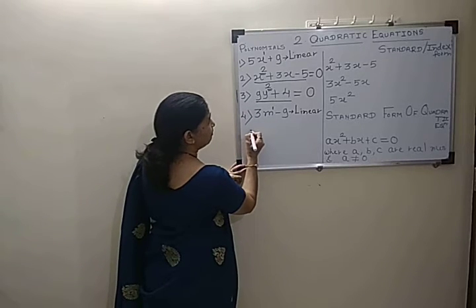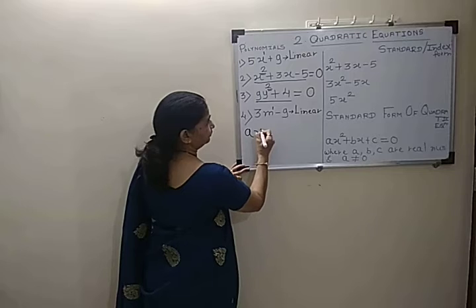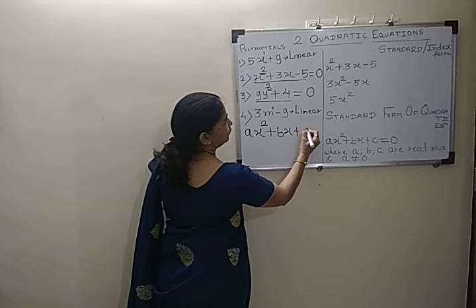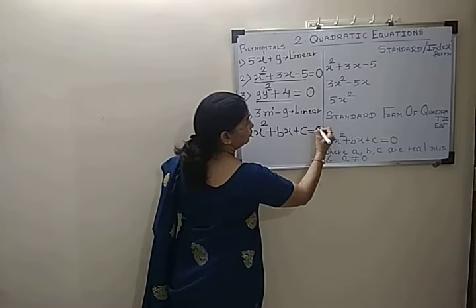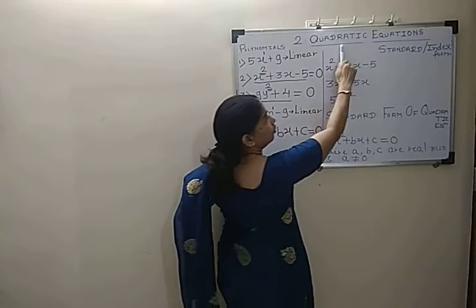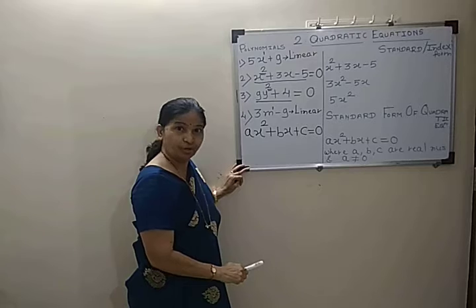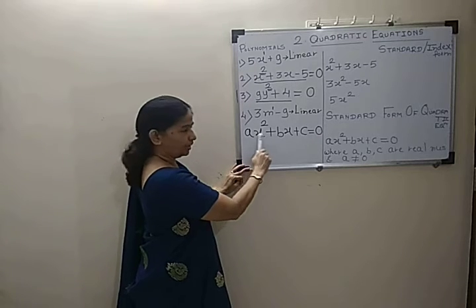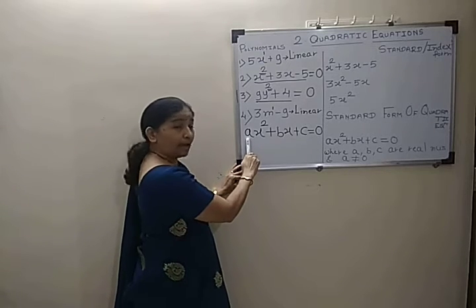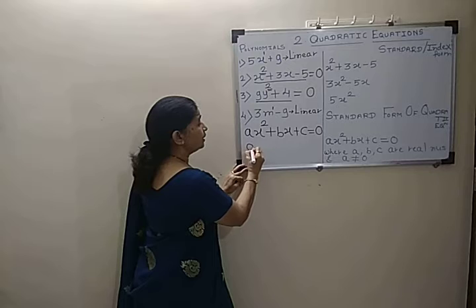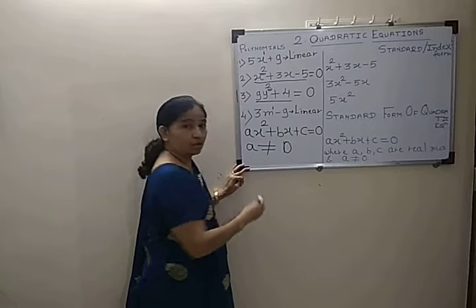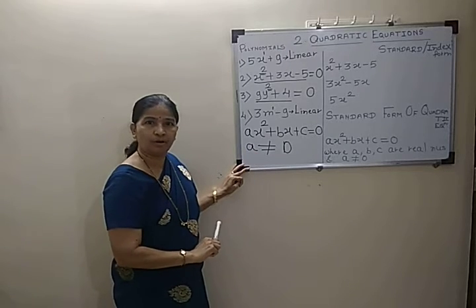So remember, ax square plus bx plus c is equal to 0 is the standard form of a quadratic equation, where a, b and c are real numbers and a must not be equal to 0.